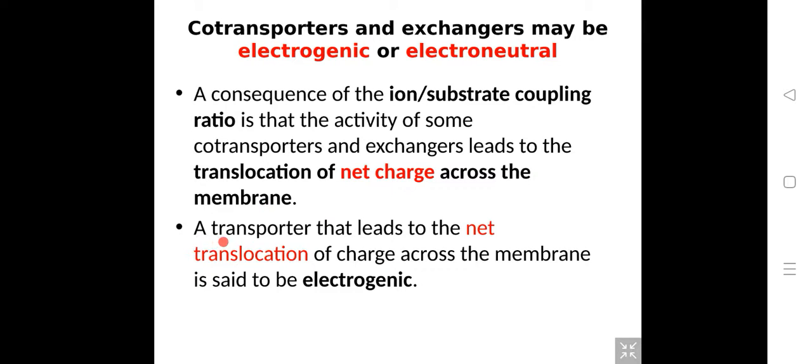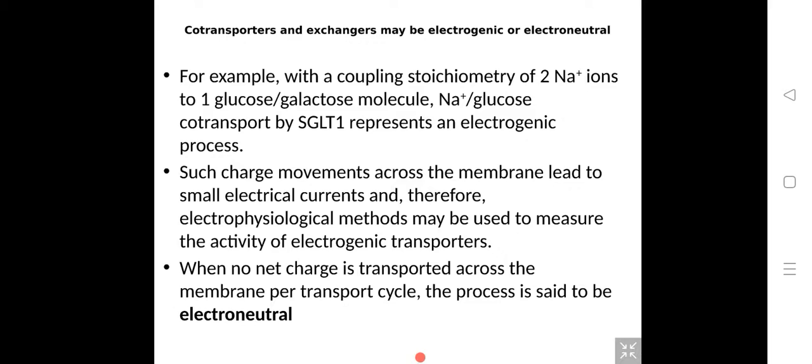A transporter that leads to the net translocation of charge across the membrane is called electrogenic, because basically it's moving more sodium from one compartment to the other than was actually there initially, concentrating it inside. So co-transporters can also be electroneutral in addition to being electrogenic.